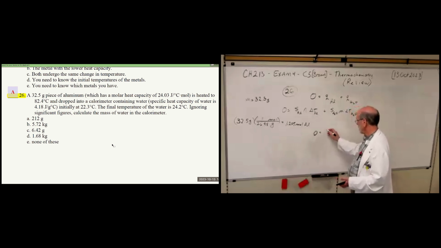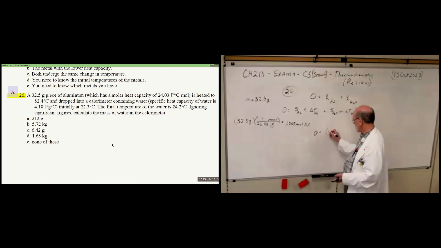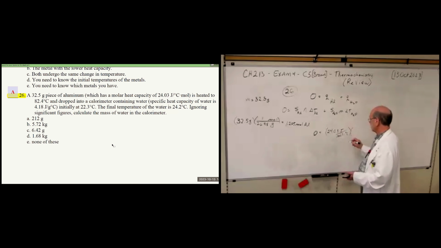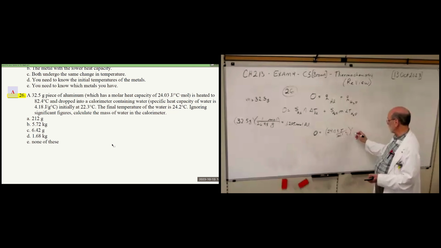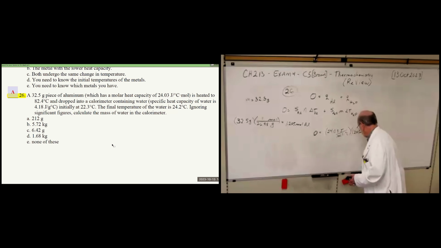Okay, now we can break the problem out. 0 equals the value that was given, 24.03 joules per mole degree C. And then moles of aluminum is 1.205. Oops, closed my parentheses too soon.